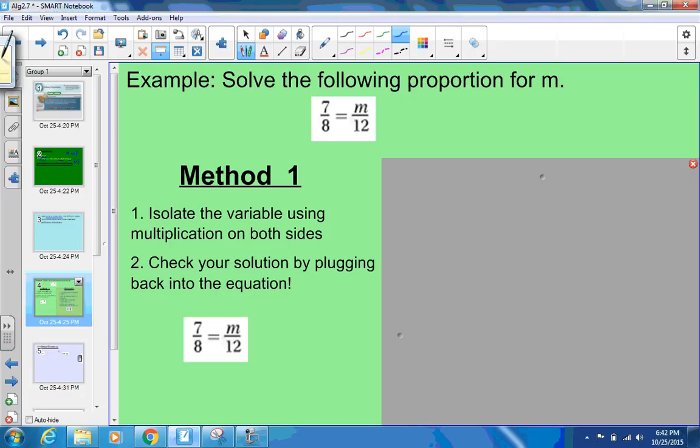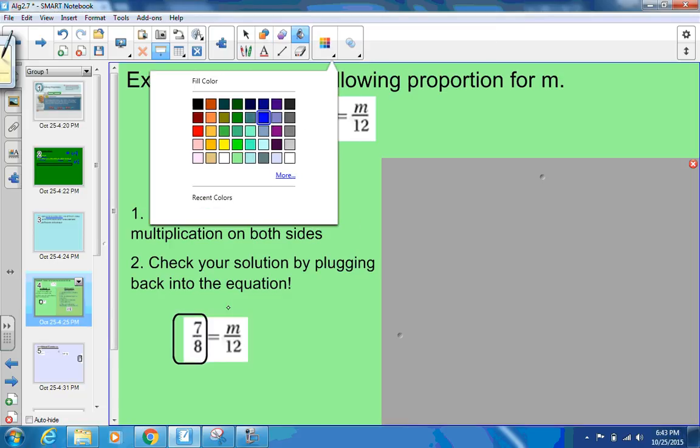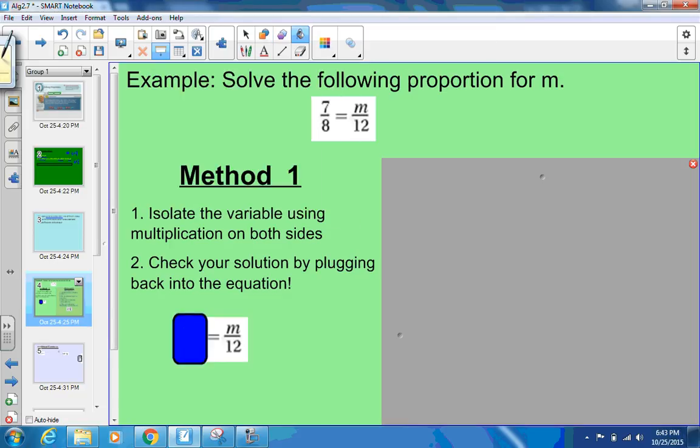The first way I want to show you is the method of solving like a one-step equation. Not even caring about what is on the left side, I'll even cover this up for you, you have m over 12 on the right side, and step one is to isolate m.